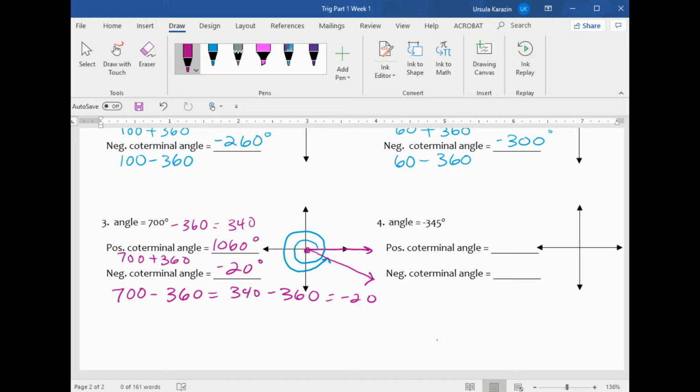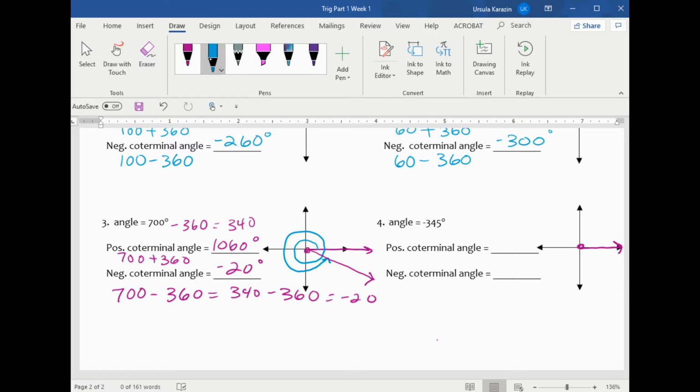Alrighty, now we've got one negative angle to draw. We're going to draw negative 345. We start with our vertex and our initial ray. This time I can do what I did before with the blue arrow, if that helps you, especially when the angles get bigger.